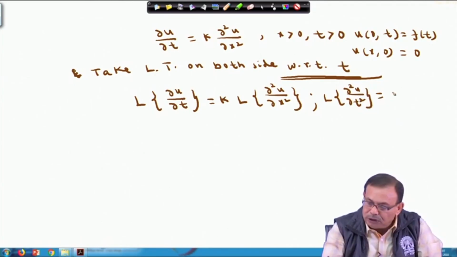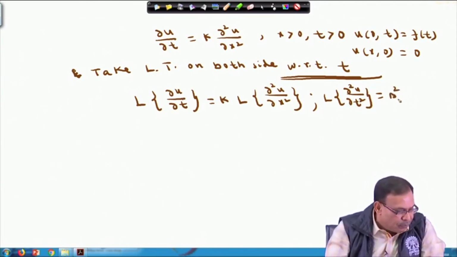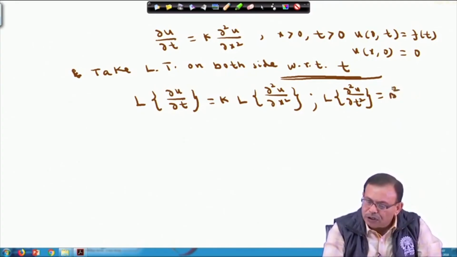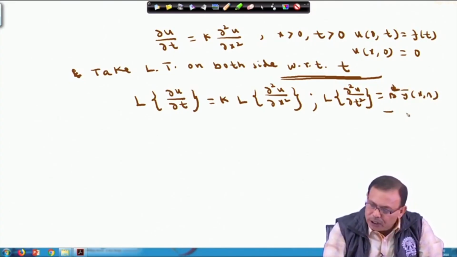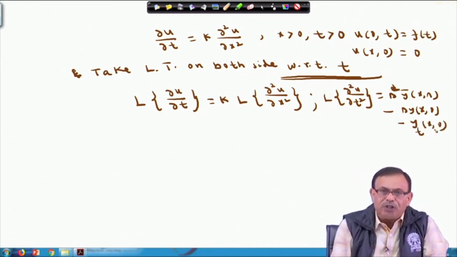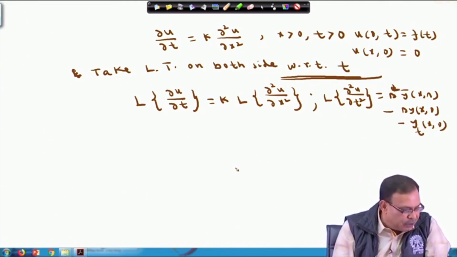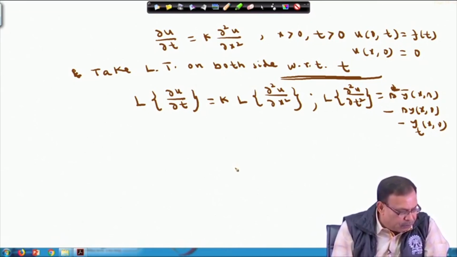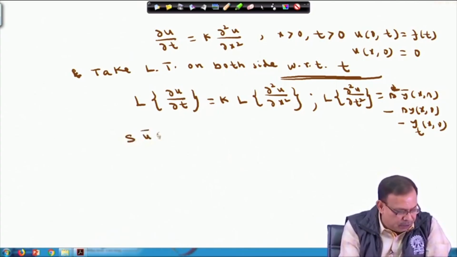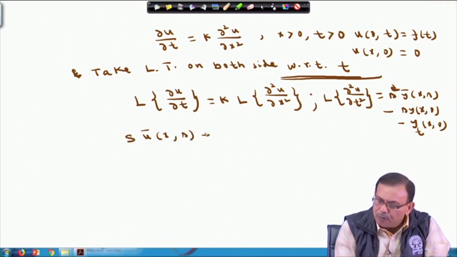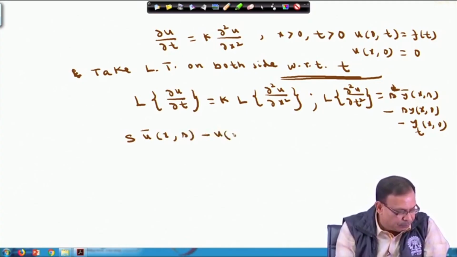Already we have done, this is equal to s² ū(x,s) minus s u(x,0) minus u_t(x,0). Once I am doing this for the first derivative, you will obtain s ū(x,s) minus u(x,0).